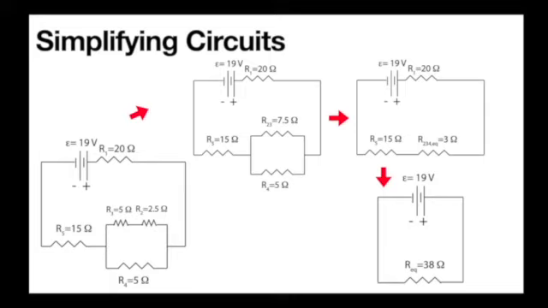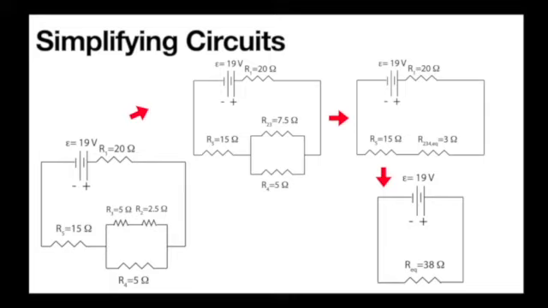But if I wanted to find the power dissipated by the battery, or the power introduced by the battery, I would have to go all the way to this final step, because I want to find the current in the circuit. And then once I found the current here, my total current is going to be the same in all of these, right? That's the whole point in finding an equivalent resistor. It's that the battery feels the same resistance in this circuit, as this circuit, as this circuit, as this circuit.